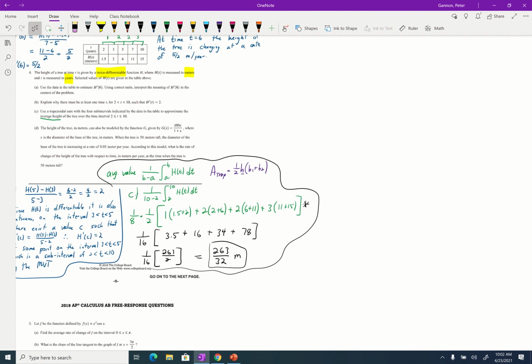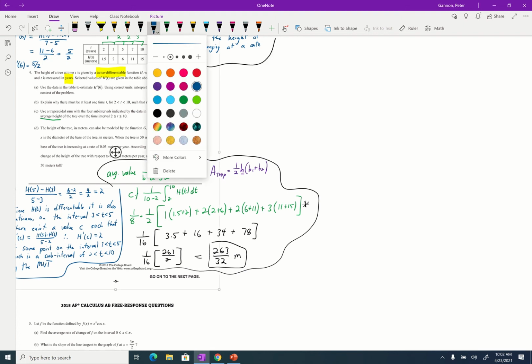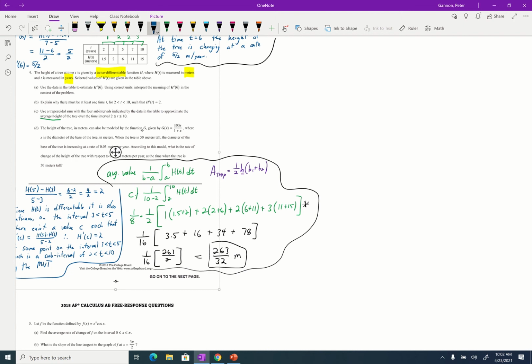So now, what we know, let's see, it says the height of the tree is given by this function, g of x. So let me get this out of the way here. All right, so the height of the tree, g of x, is 50. We also know that g of x is being modeled by this equation, 100x over 1 plus x.